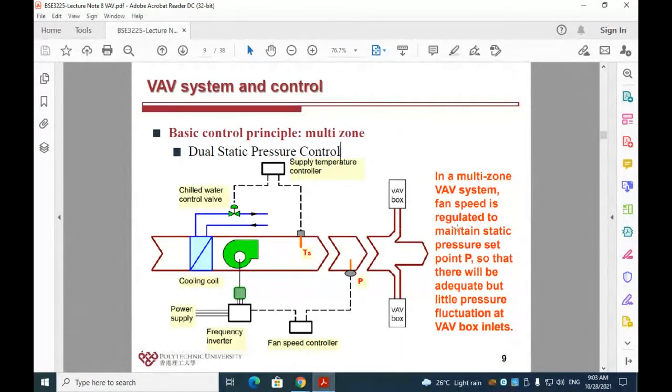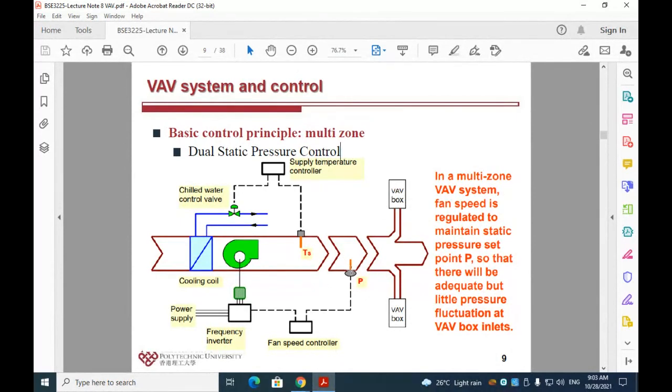So in order to avoid that situation, what we do is we install a pressure sensor here. And the pressure sensor is connected to a fan speed controller where you can actually control the fan power.